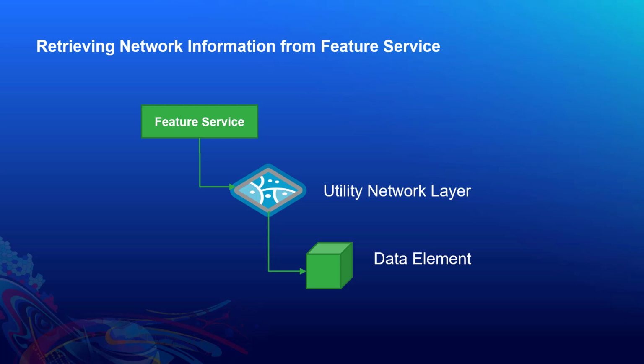The second level is the layer or table itself. In this case, we're precisely looking for the utility network layer. This layer will give basic information about the utility network and its participating layers and tables. Finally, there is the layer's data element, which I will define later on. This is where you will find all the detailed information about the utility network.